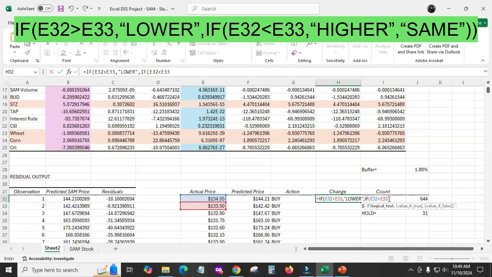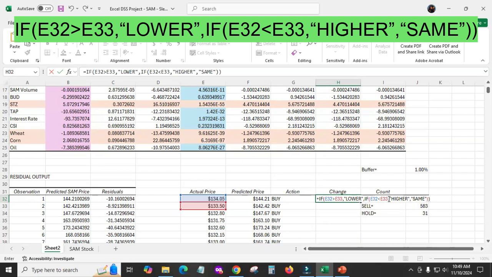So if E32 is less than E33, the true statement is "higher", end quote, comma. And if by chance they did not change and it was the same exact price, we are just going to type in, quote, same, and parentheses, parentheses to close it all out.